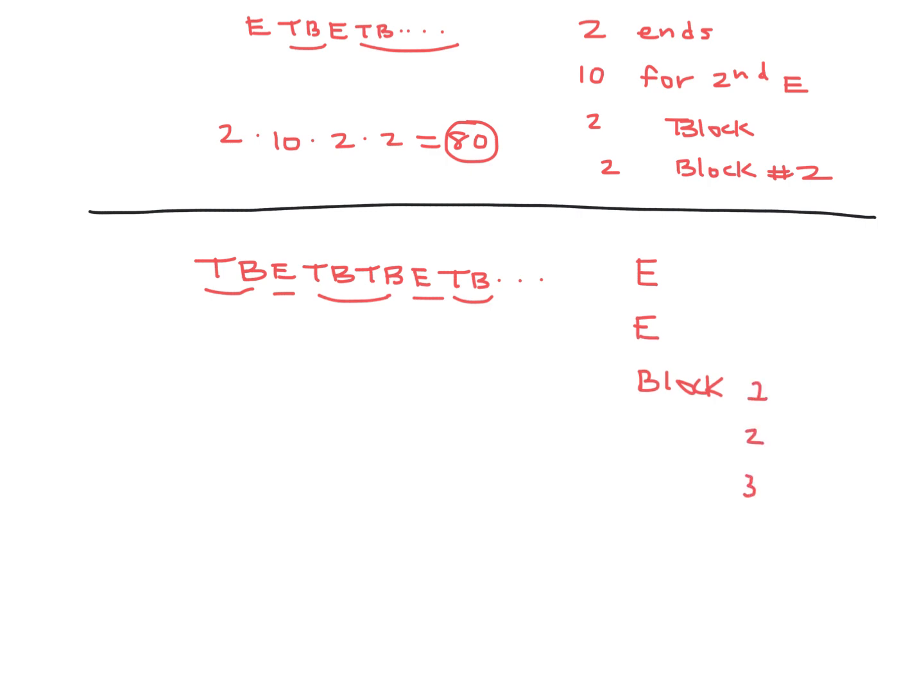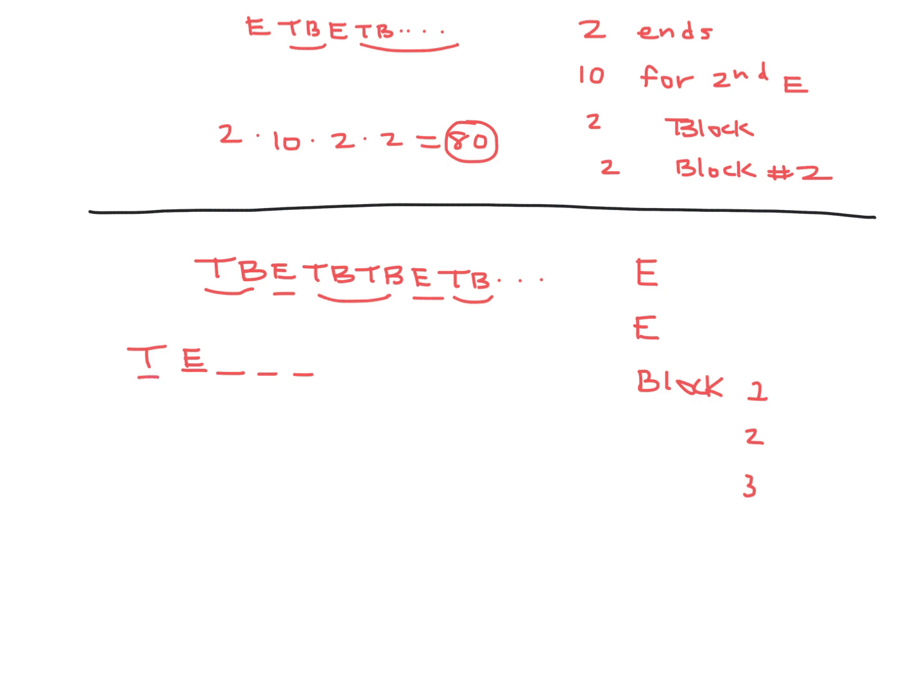Now let's see what are the possible numbers for each. For the first E, well, I think we got to go case by case here. So for example, if the first E was the second spot, how many are there? 13, right?